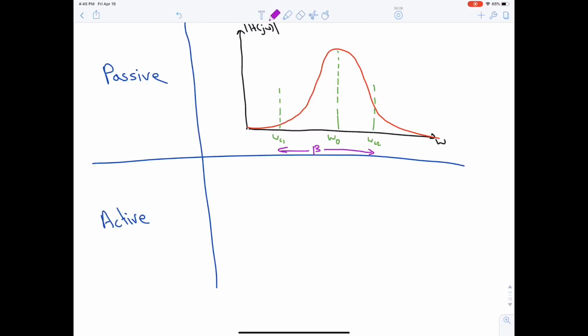The maximum magnitude was 1, and at omega C1 and omega C2 it was 1 divided by root 2, just the maximum divided by root 2. This is only a sketch. Let's fix this.